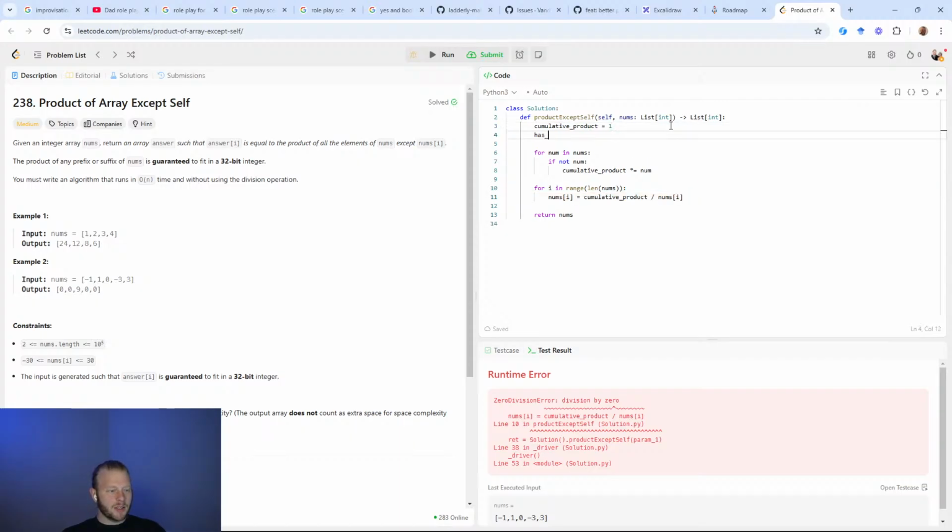We just say has 0 equals, we're going to assume that it doesn't have a 0.